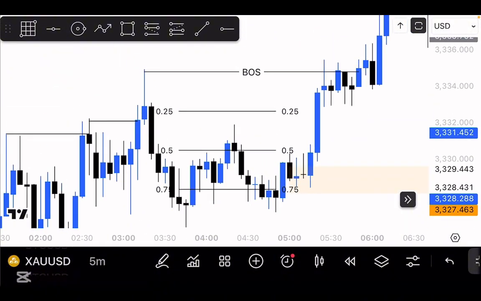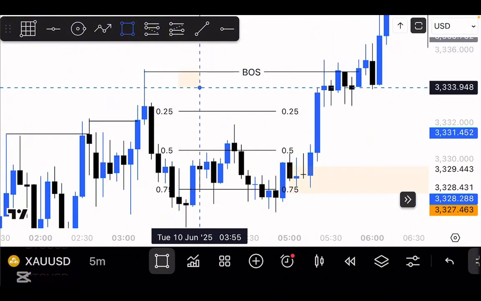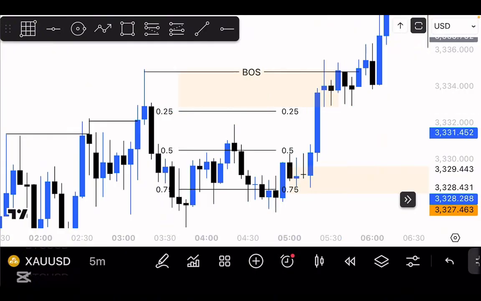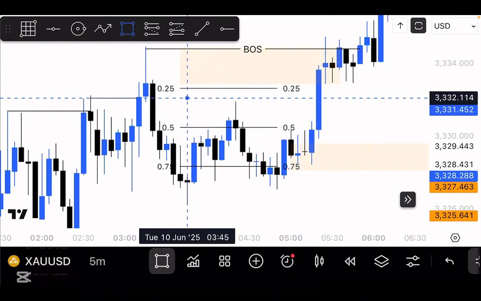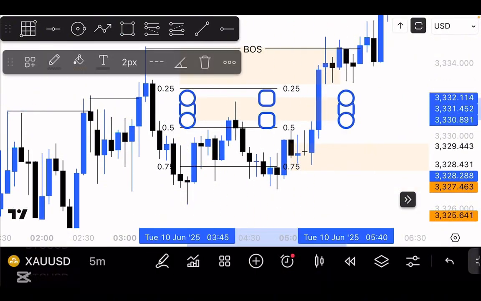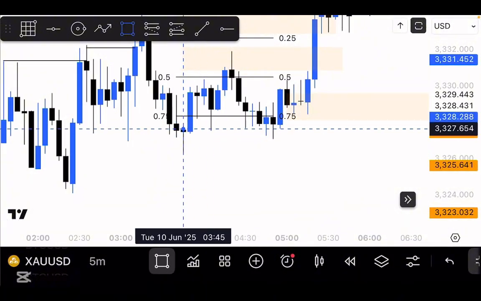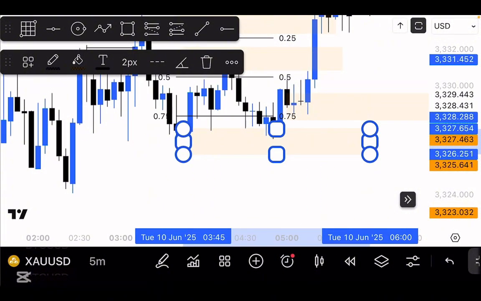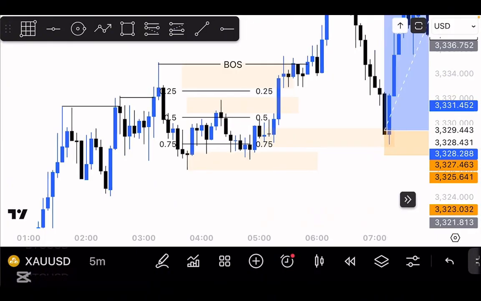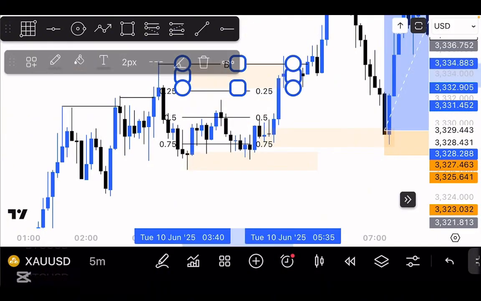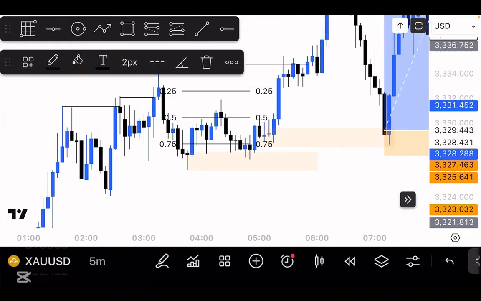So this box you are seeing right here are areas. Here is one area, here's another area, this one is another area, and this last one is another area. I don't use the first two areas, which is this one and this one. I focus on the last two areas.